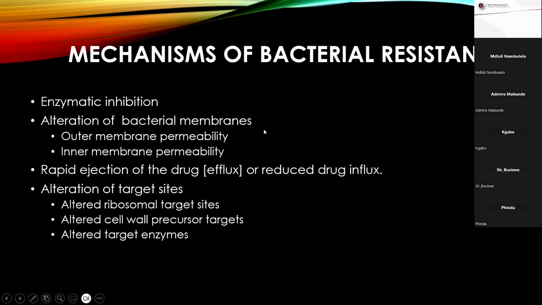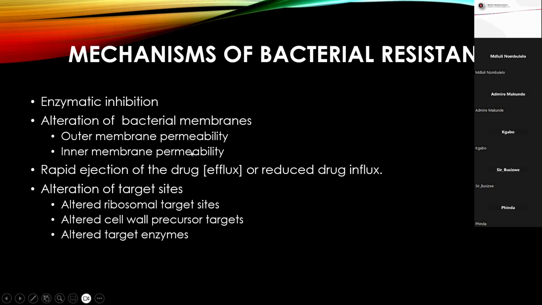By alteration, for an antibiotic to get through the bacteria, there are some membrane proteins which it needs to bind to for it to have access. By principle, cell membranes are very selective; for a large molecule to get inside the cytoplasm, it has to be transferred with transfer proteins or porins.